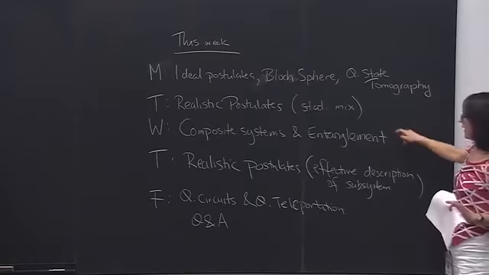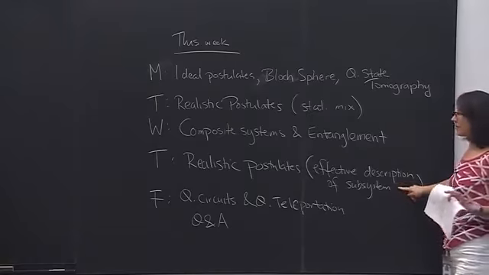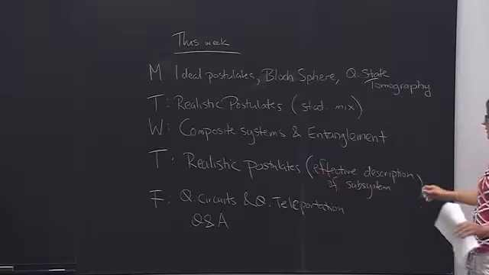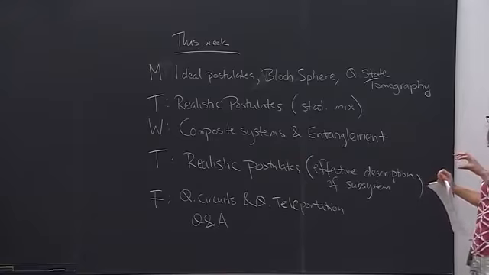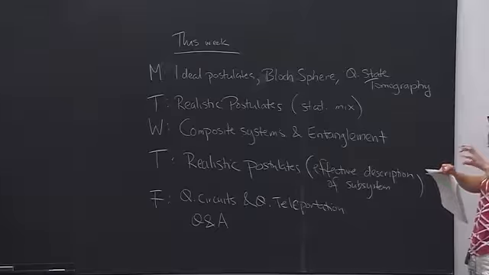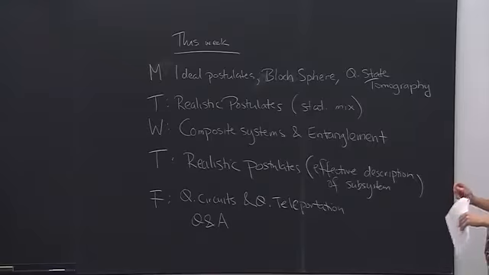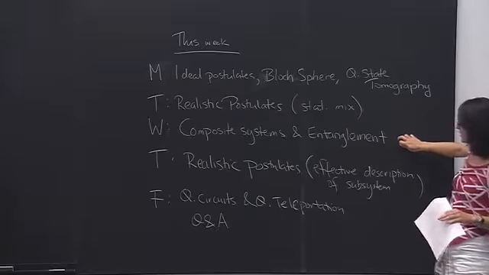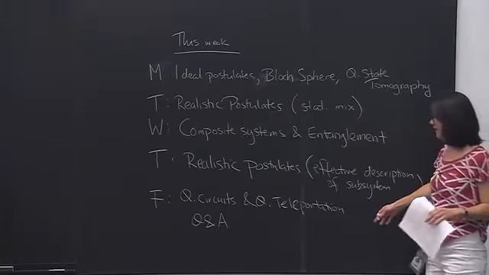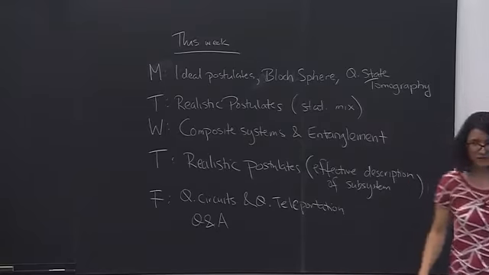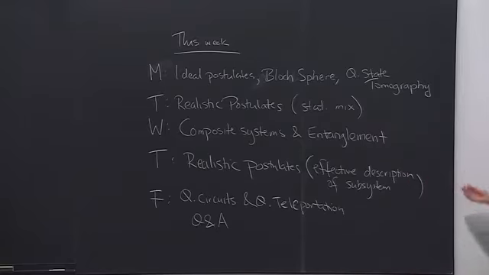And that'll set us up to talk about the even more general version of the realistic postulates, where we talk about the description of a particular system as an effective description of a much larger ideal system. And that becomes interesting when those systems are entangled. And then, at the end, I'll go through the quantum teleportation protocol, just because it's fun and maybe it'll get you a bit interested in the quantum information course.